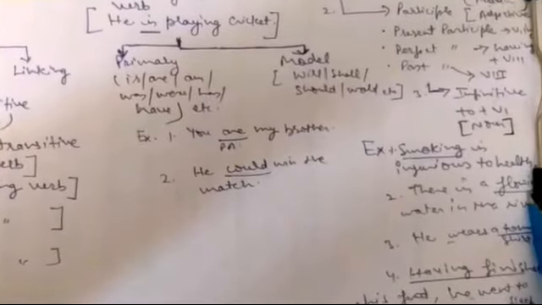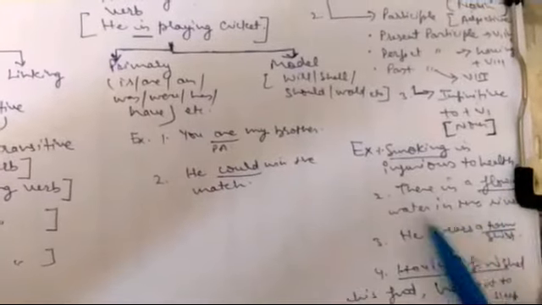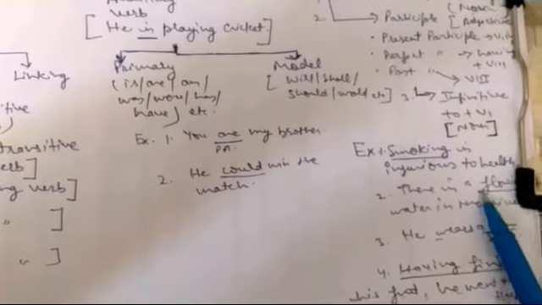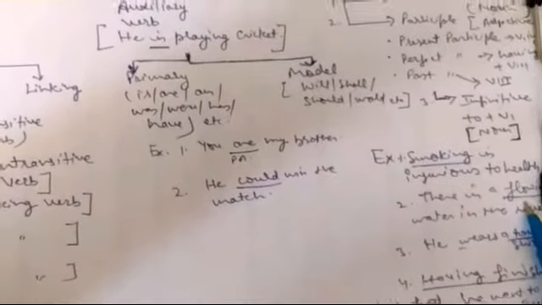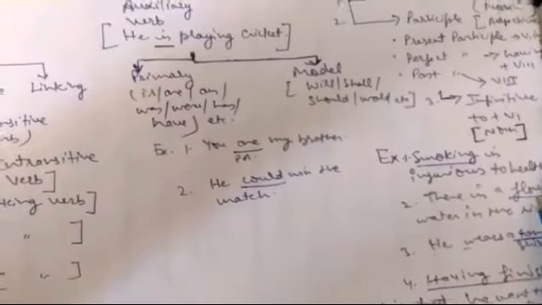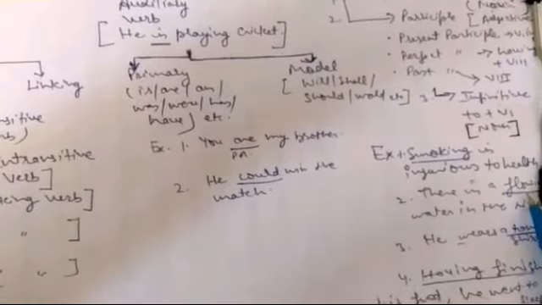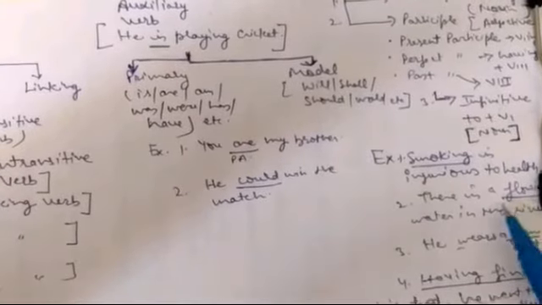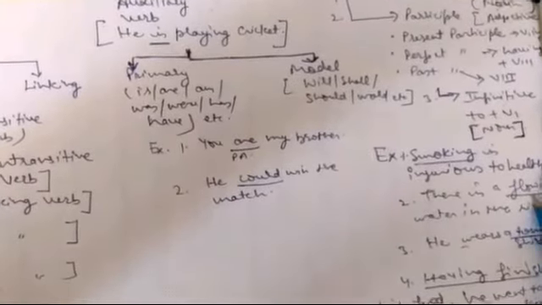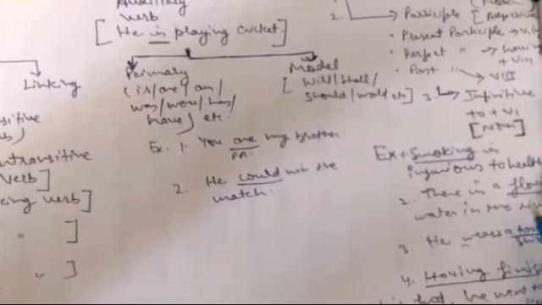There is a flowing water in the river. So this flowing is the present participle. This is the non-finite verb in the form of present participle, V first plus ing. It indicates an adjective. This flowing is the adjective in the sentence.